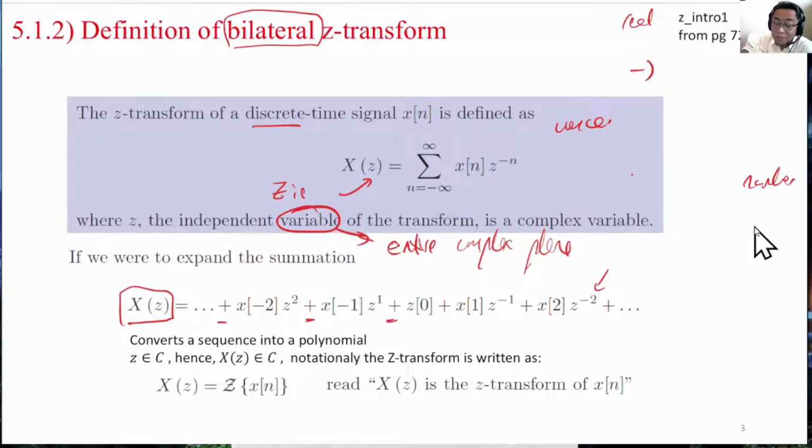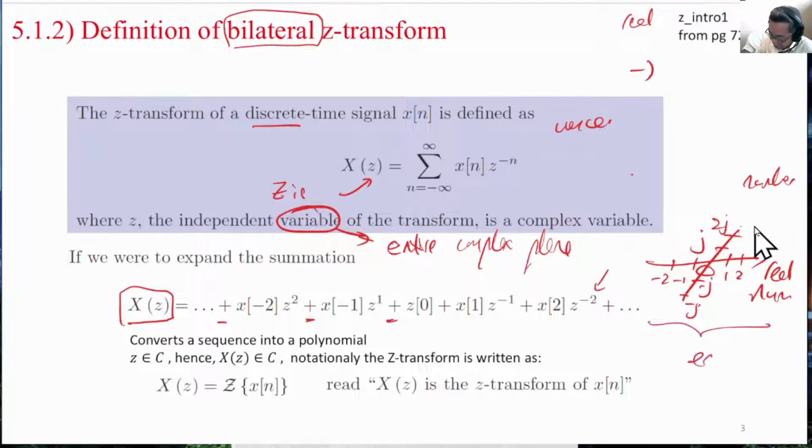And then, of course, 1 plus j, and so on and so forth. The whole entire plane of z. So this is the real axis. This is 0, this is 1, this is 2, this is minus 1, minus 2. This is j, 2j, minus j, minus 2j. Therefore, this whole thing is the entire z-plane, or the complex plane.